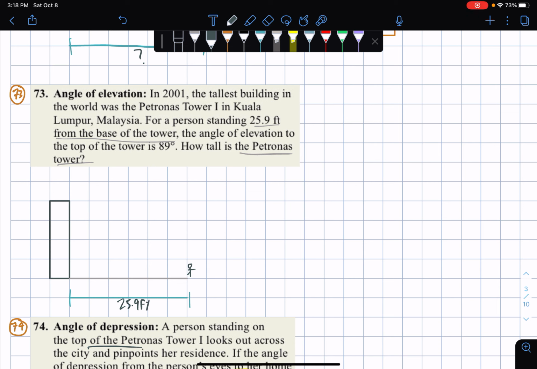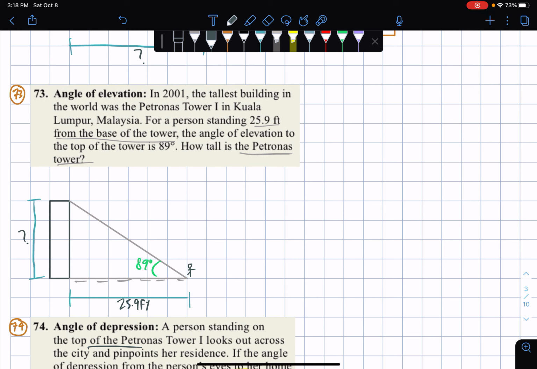The angle of elevation to the top of the tower is 89 degrees. Angle of elevation, of course, is supposed to link together with the line of orientation. So this is 89 degrees. We're looking for the height of the Petronas Tower, which is this side. This is the missing side.